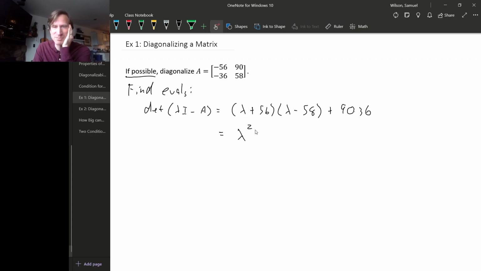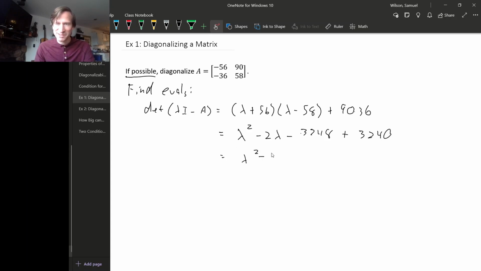So lambda squared, let's see, minus 56 plus 56. So minus 2 lambda, and then minus 3,248 plus 90 times 36, 3,240. So lambda squared minus 2 lambda minus 8.